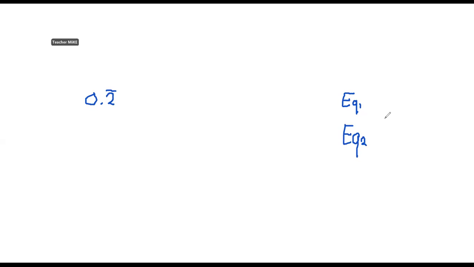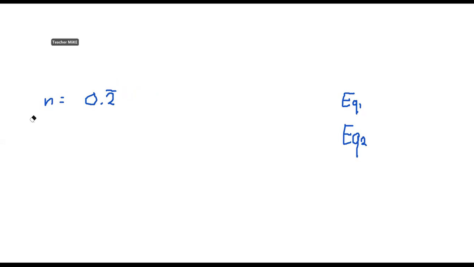Sa unang equation, ano siya? Tens. Sa equation 1, i-equate natin siya. N is equals to, then, i-multiply natin siya sa 10. Ay, sorry. Sa una pa ng equation, hindi muna natin siya i-multiply. I-equate lang natin siya sa n.